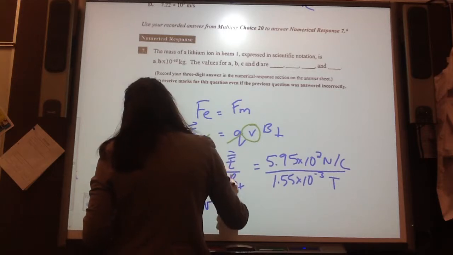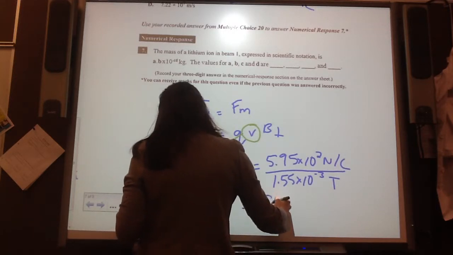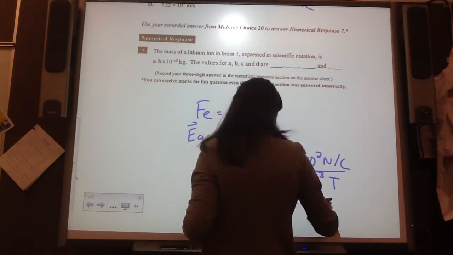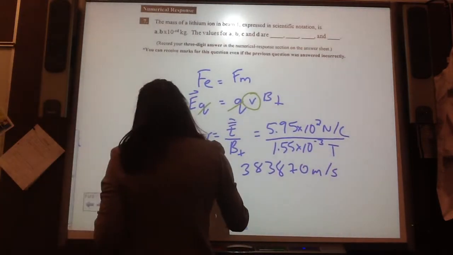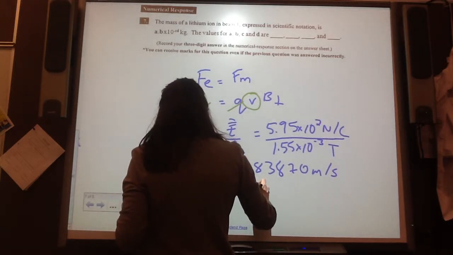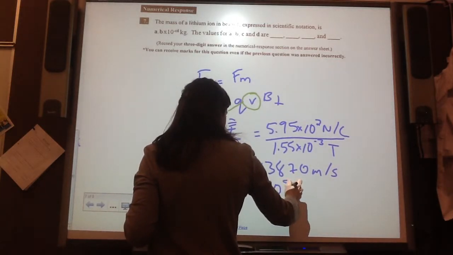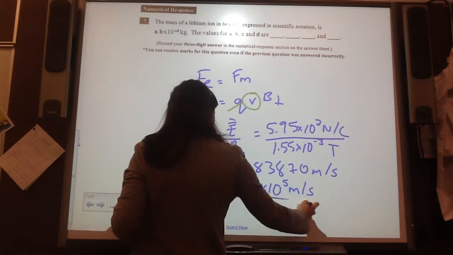So then our V is equal to 3.83870 meters per second. To sig digs, that's 3.84 times 10 to the 5 meters per second.